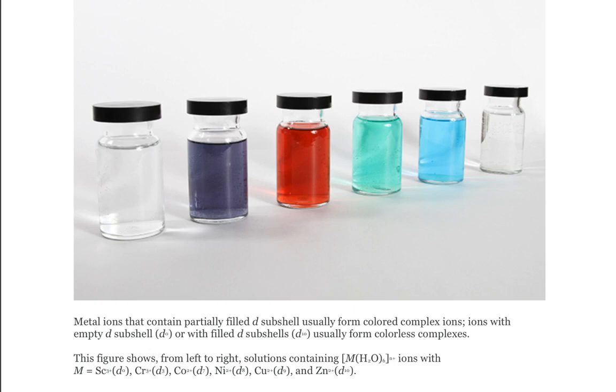Next we have cobalt 2+, d7, electrons can move, it has color. Then nickel 2+, d8, again color. Next copper 2+, a d9, electrons can move. And finally zinc 2+, a d10 ion, so electrons cannot move between t2g and eg.